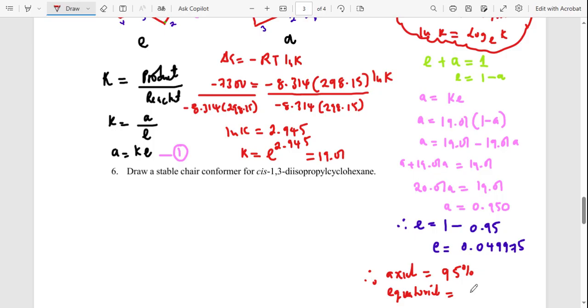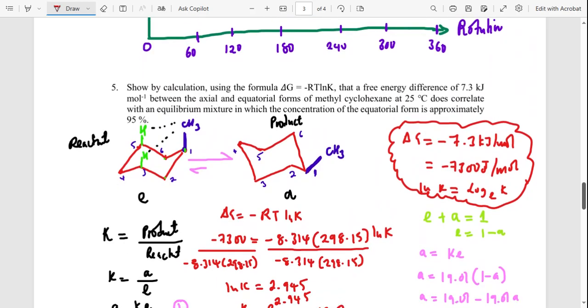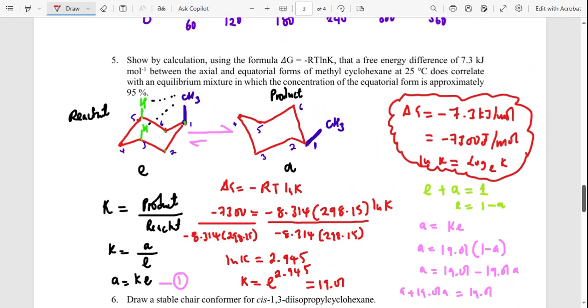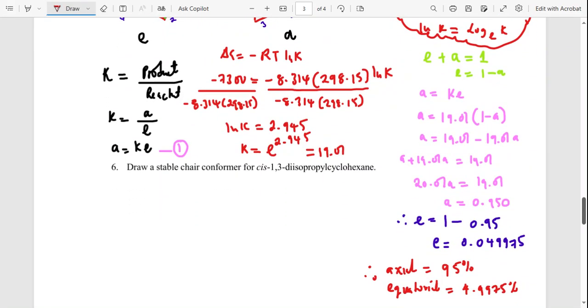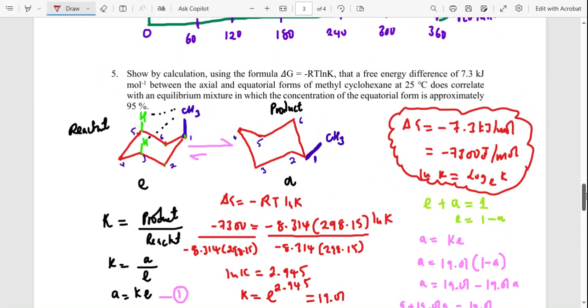That is gonna be 4.9975%. As you can see, the majority of this substance is actually in the axial, because the axial is a stable form. That's why you are going to find the majority of the substance in the axial.